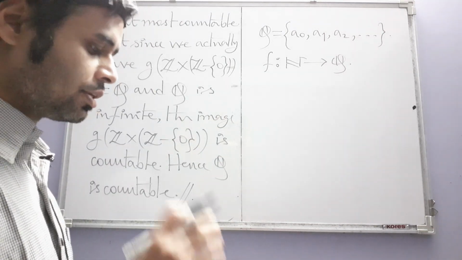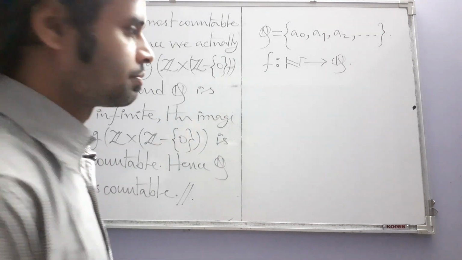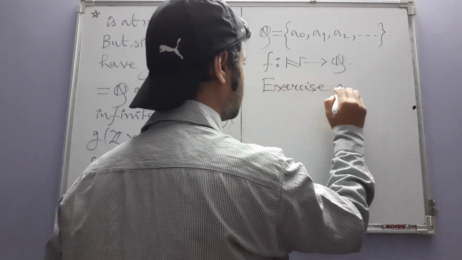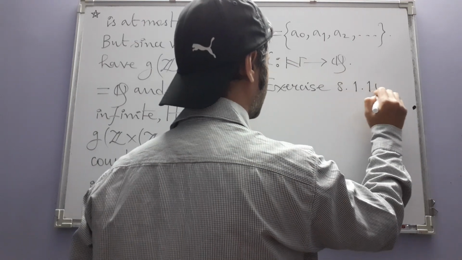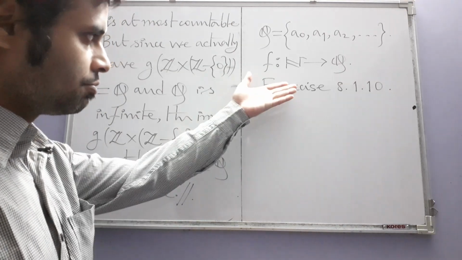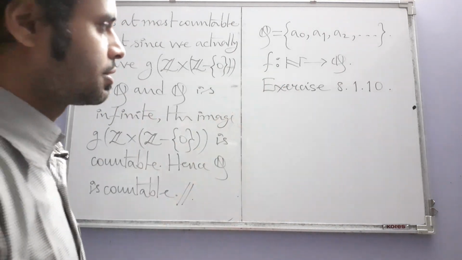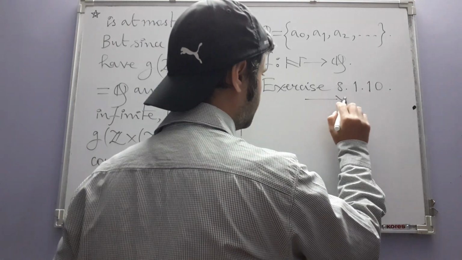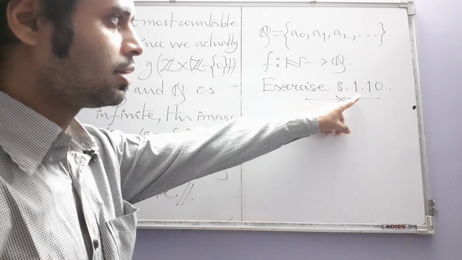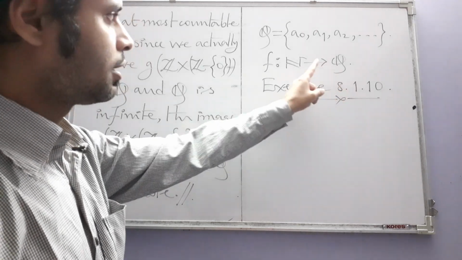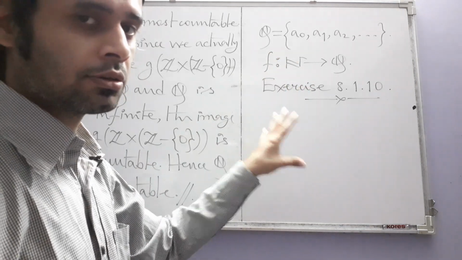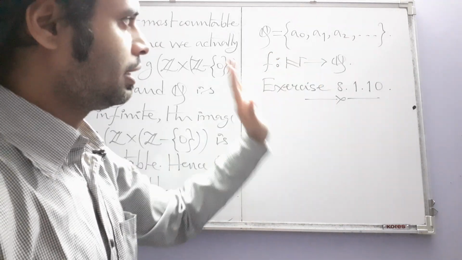However, we are going to be asked just that in exercise 10 at the end of this section. So this we will do, and in fact we have completed this section. In the next video we are going to start solving the exercises, and eventually we will reach this one, and then we will see how one can set up such a function and show that it is a concrete bijection between N and Q.